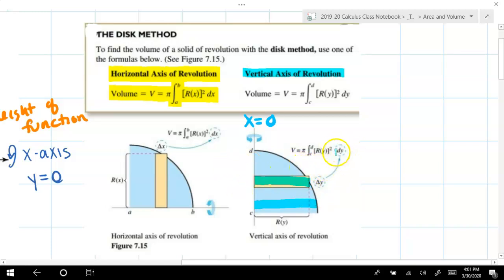And dy tells us that our boundaries are in terms of y. We're going from the lower number c to the higher number d on the y-axis. dy and dx tell you which axis this function is moving with respect to.